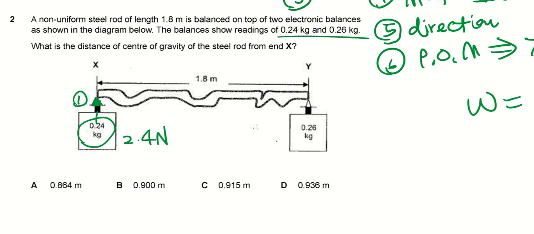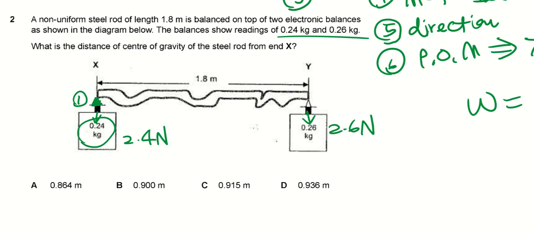That means something is pressing down on the scale with 2.6 Newton. Correct? So what do you think is the weight of the rod? What is the total downward force? So what should be the total upward force? 5. Because this thing weighs 5 Newton, but the weight is distributed among 2 points, right?